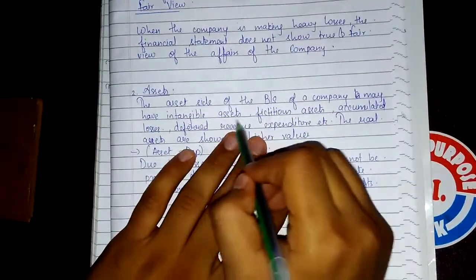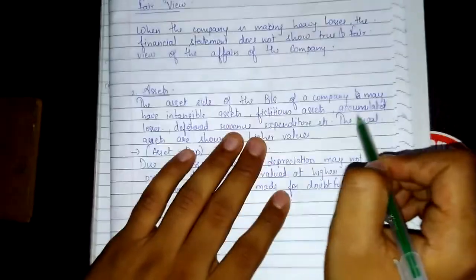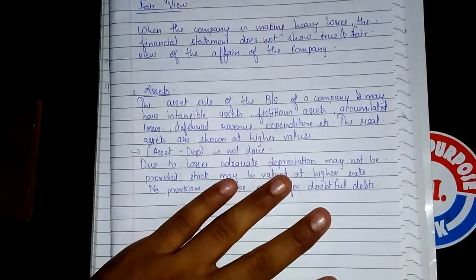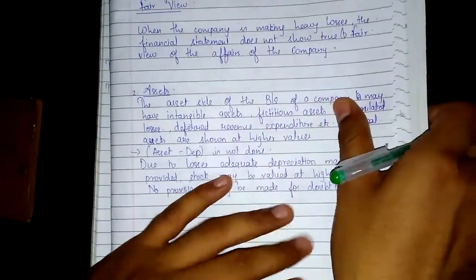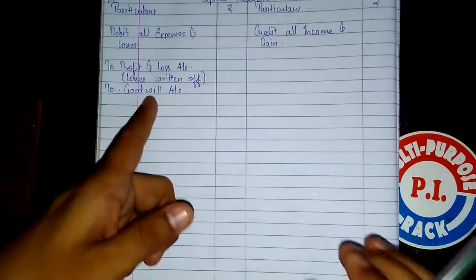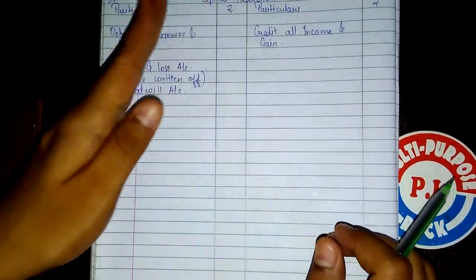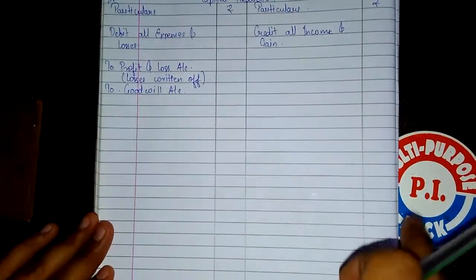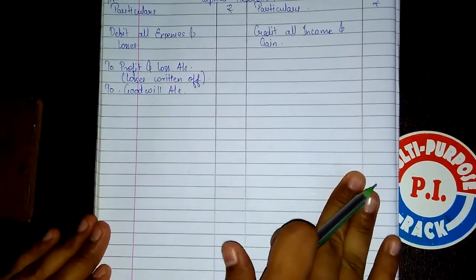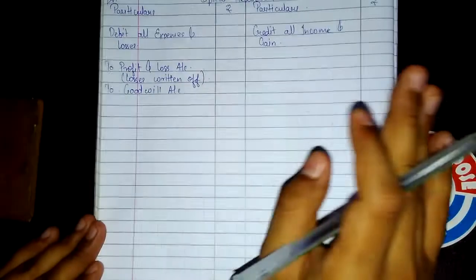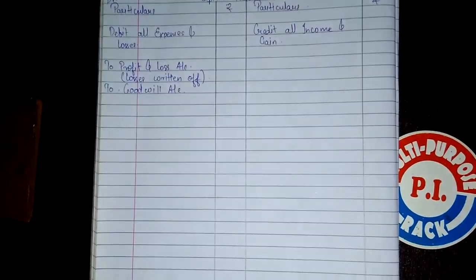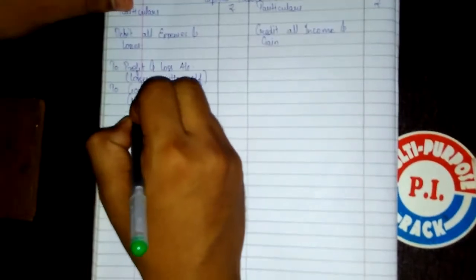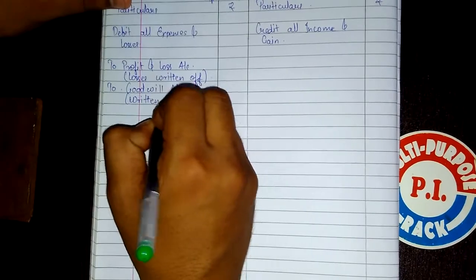That means these intangible assets, fictitious assets and accumulated losses we have to write off, because of these assets our balance sheet is not showing a true and fair view. I hope this is quite clear. That's why intangible assets like goodwill have to be written off, and on the credit side the balancing figure cannot be goodwill. Okay, only it is possible if the question is not framed properly. Goodwill. Okay, I hope this is quite clear to you all. Goodwill, written off amount.